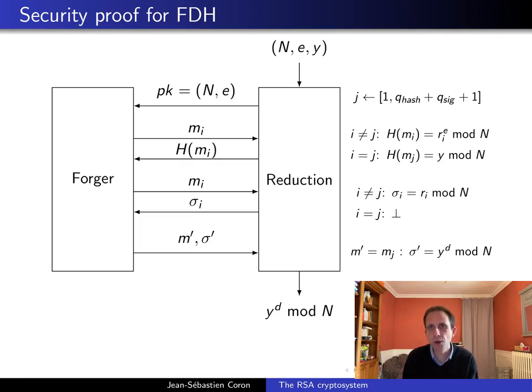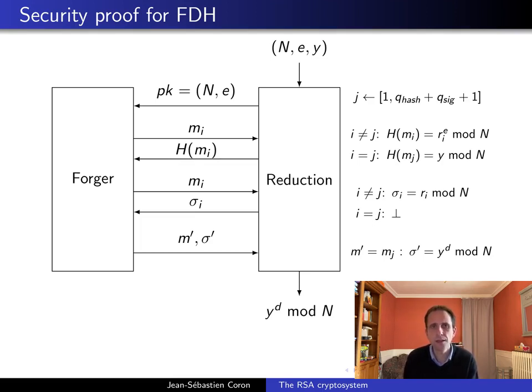So in that case, we know the signature is ri, and we can output it. But if we are unlucky and the attacker makes a signature query for the message mj, for the index j, then we cannot answer the signature query, and in that case we must abort.